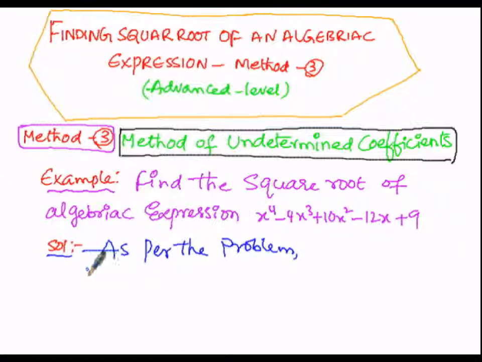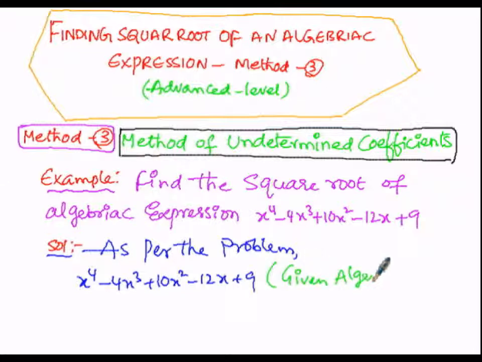The given expression is x power 4 minus 4x cube plus 10x square minus 12x plus 9.